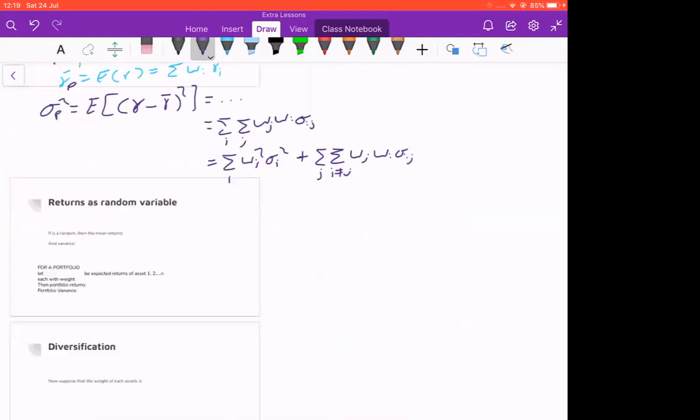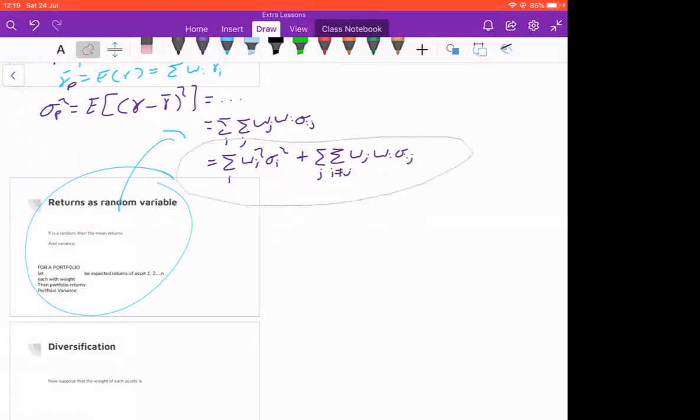I have already included this over here. We have already spoken about return as a random variable, so this is how you can write your variance.